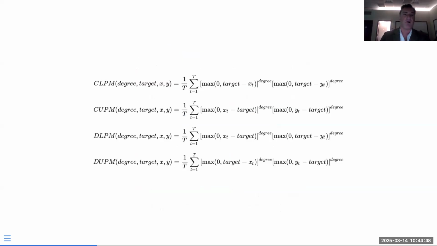Again, you'll notice the shifting of the targets for the divergent ones and the co-partial ones.